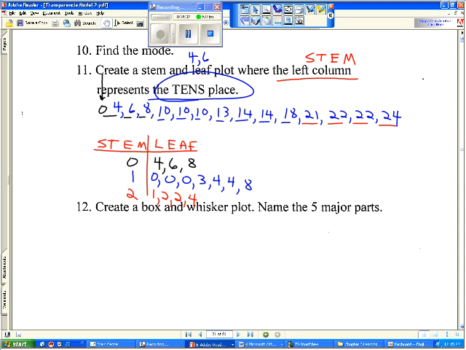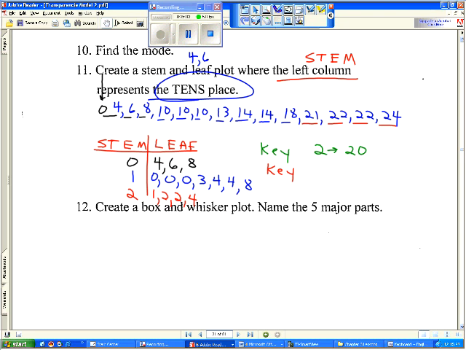Now, we make a key. We have 2 choices of keys. Some books will just take that last stem of 2 and say, what does that 2 stand for? It stands for 20. So they just tell what it stands for, trying to tell you that that 2 is in the tens place. Now, I prefer a key that has the very last number, not just the last stem.